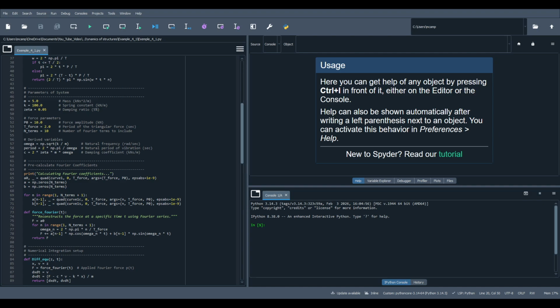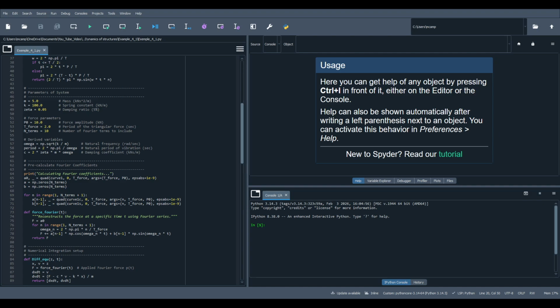After we pre-calculate the Fourier coefficient, the value of A0 is defined in lines 66 and 67. We use the scipy quad function for numerical integration of curve 1, that is, A0 numerical integrate to find the constant value of A0.